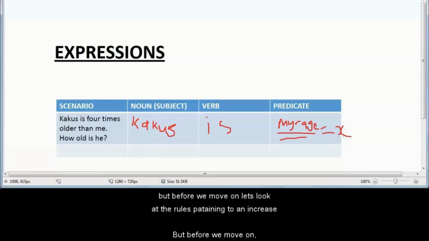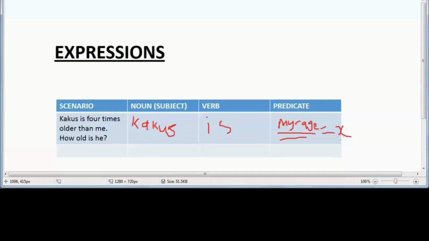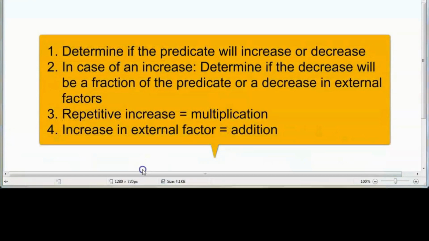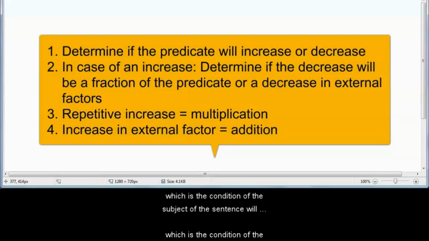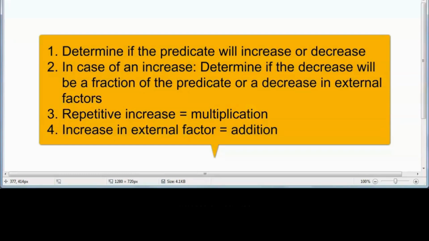But before we move on, let's look at the rules pertaining to an increase. Number 1, determine if the predicate, which is the condition of the subject of the sentence, will increase or decrease.